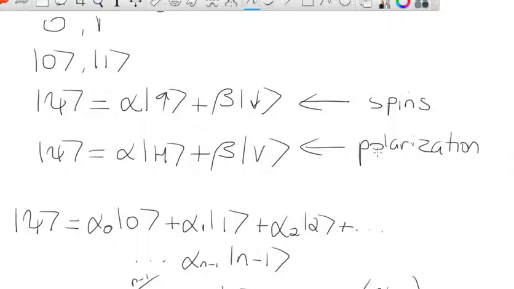So we know if it forms a basis, each one of those bases are distinguishable. And that's also true when we have the physical representation here. So here ket horizontal is always distinguishable from the vertical, and spin up is always distinguishable from the spin down.